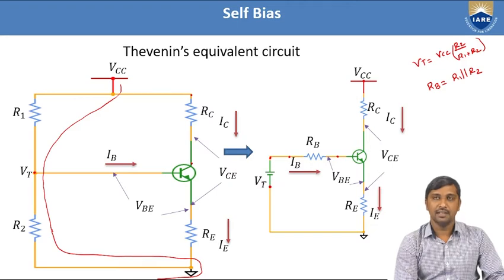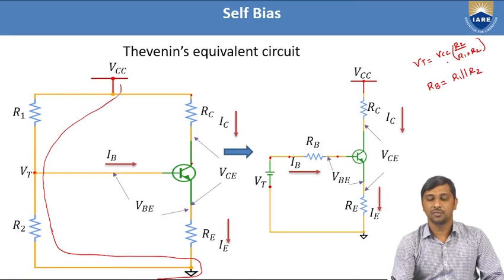And this is the input side, that is a Thevenin's equivalent voltage in terms of your biasing sources along with a potential divider network, that is R2 and R1 resistances.